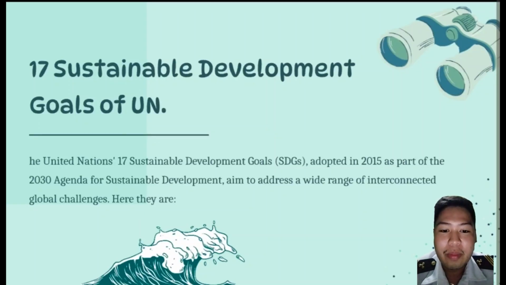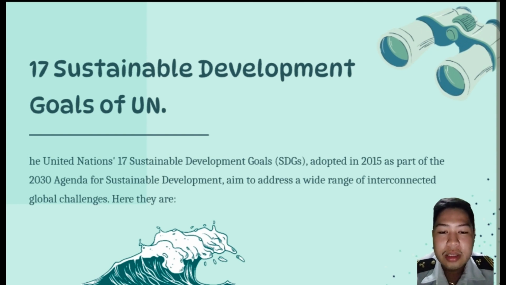17 Sustainable Development Goals of the UN. The United Nations 17 Sustainable Development Goals, or SDGs, adopted in 2015 as part of the 2030 Agenda for Sustainable Development, aim to address a wide range of interconnected global challenges.